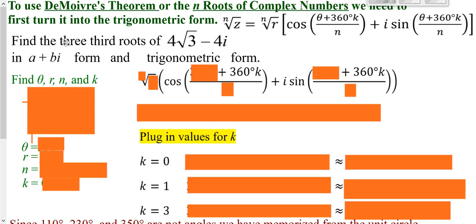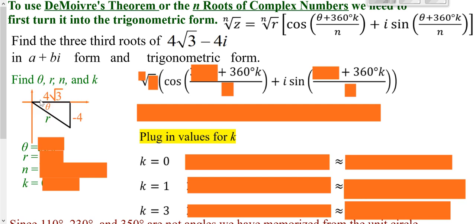So here we want to find our 3 third roots of 4 root 3 minus 4i. Once again, we want it in a plus bi form and in trig form. So first of all, I want to go ahead and graph this. So I'm going to go 4 root 3 to the right, and I'll go down 4.